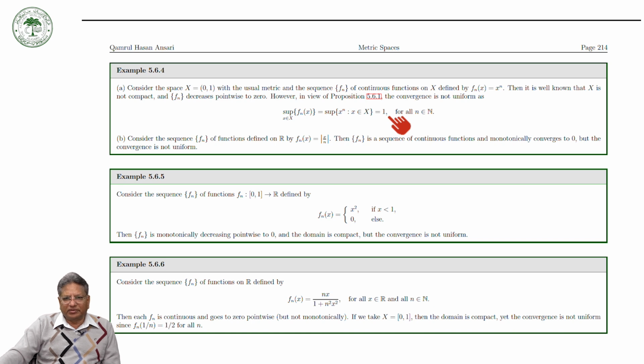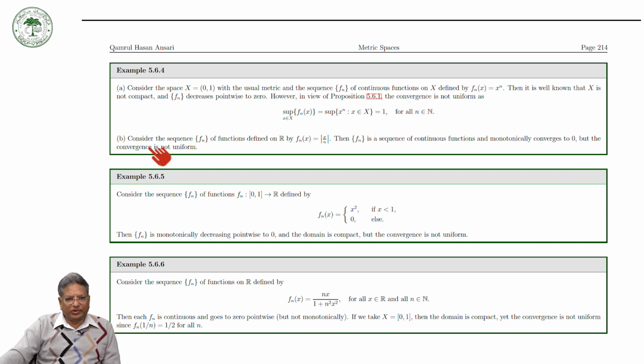Because if the convergence is uniform, then the supremum of this will approach 0, but here the supremum of this is equal to 1, so the convergence is not uniform. So you see that if the space is not a compact space, then the convergence is not uniform.